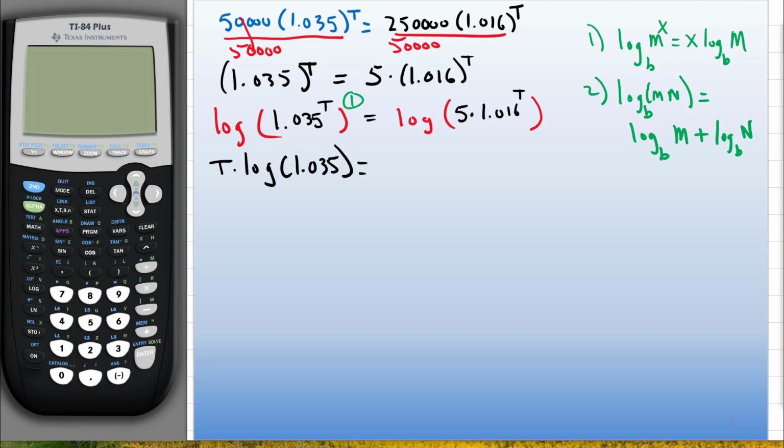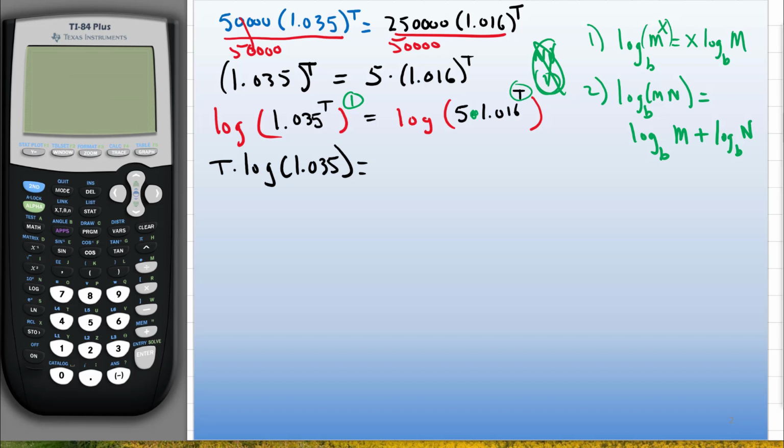The question is, can I use rule 1 right here? Got this exponent. The answer is no on rule 1 because it has a multiply in this problem. That t power doesn't apply to the 5, and I have to have a single base inside my log to use rule 1, so I can't use rule 1.